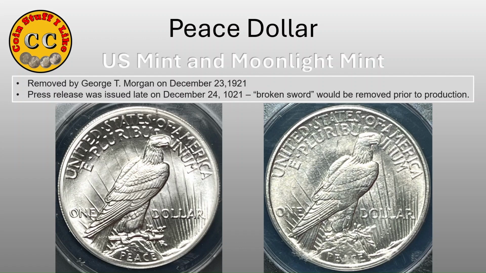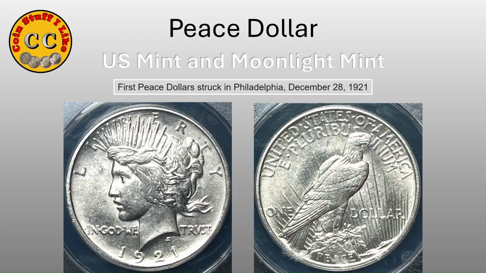Okay, the broken sword has been removed and will not be in the coins that are produced. So, on December 28th, 1921, the first peace dollars were struck in Philadelphia. And they looked like this. No broken sword. There was the olive branch, and there was the Arabic numerals, no dimple. Otherwise, the designs were very similar to DeFranceschi's original designs.